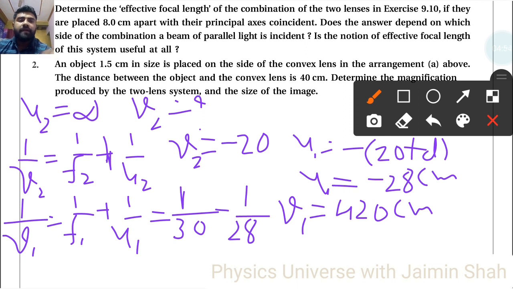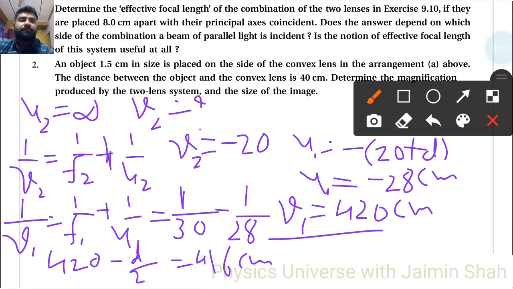Then 420 minus d by 2 again, and d by 2 is 4, so that is 416 centimeter. So this is for the system, the effective v1 and u1.